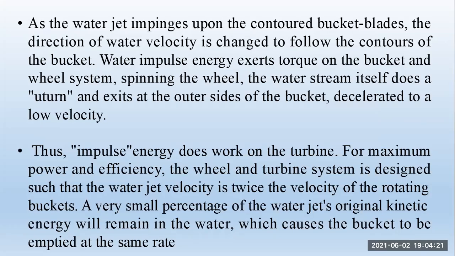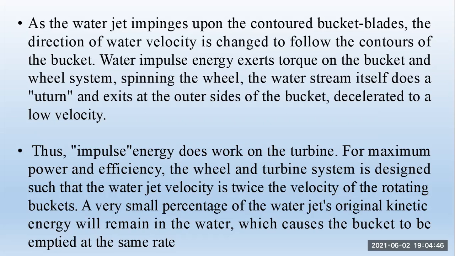As the water jet impinges upon the buckets, the direction of water velocity is changed to follow the contours of the bucket. The water's impulse energy exerts torque on the bucket and wheel system, spinning the wheel.